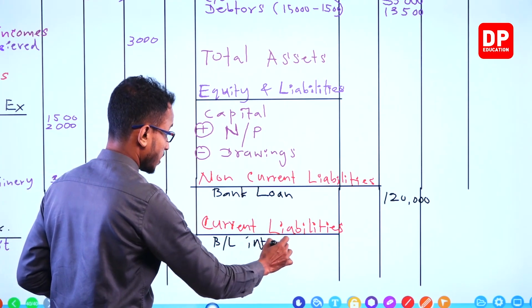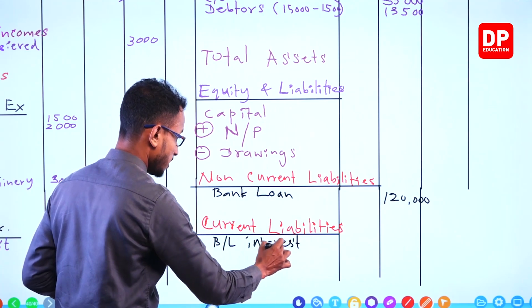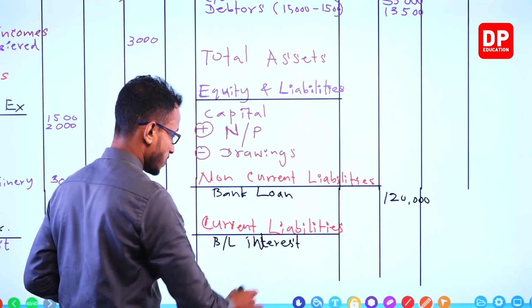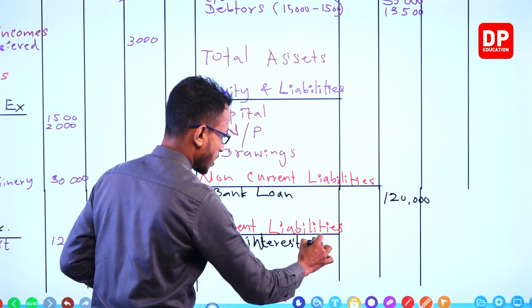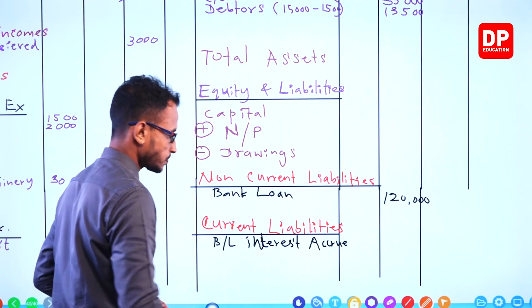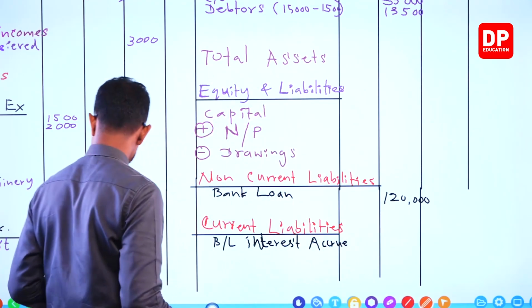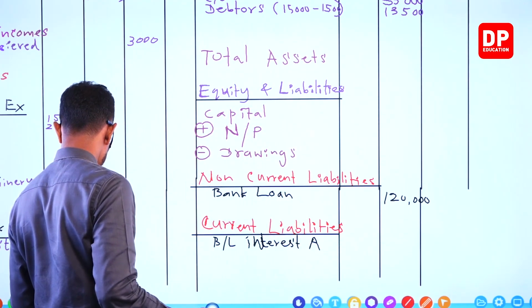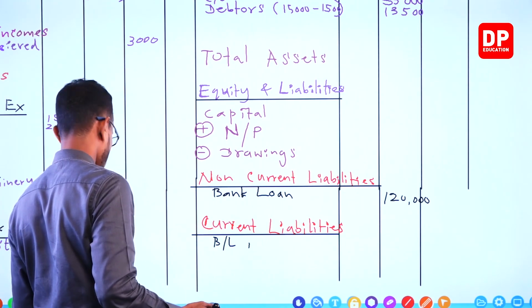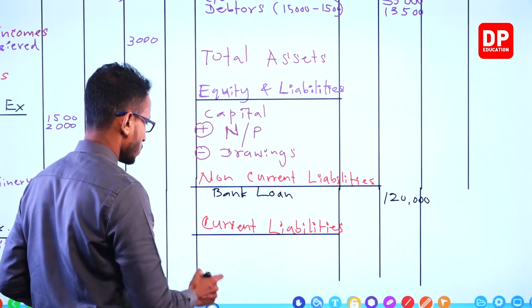And under current liabilities, you have to put bank loan interest remainder. Remainder means the unpaid amount, which is bank loan interest accrued. Keep space.